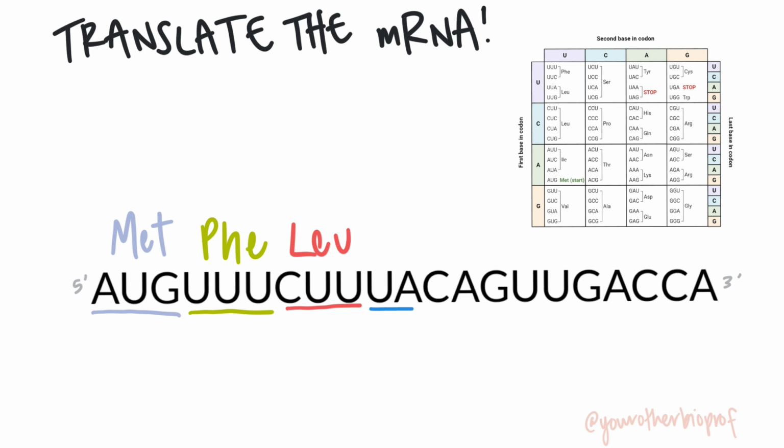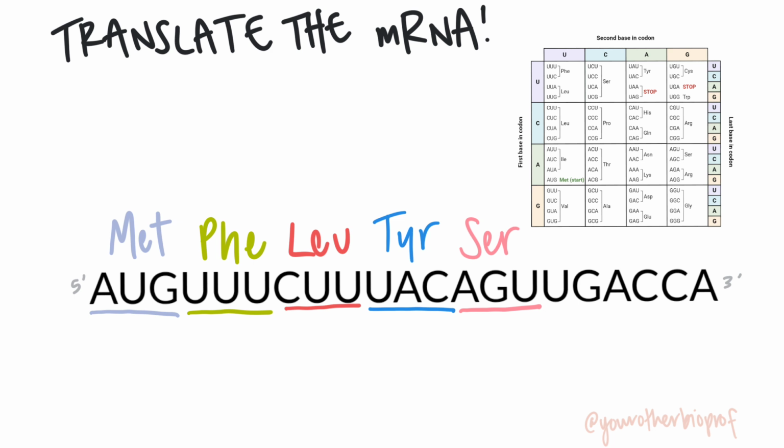So the next one is UAC. UAC right here is tyrosine. And then AGU, serine right here. And then UGA, which we can see right here, is a stop.